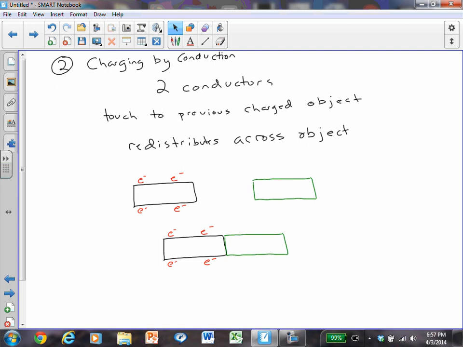So anyways, in this case, these electrons will redistribute themselves across the surface, actually. In fact, they'll arrange to be as far away from each other as possible, maybe something like that.